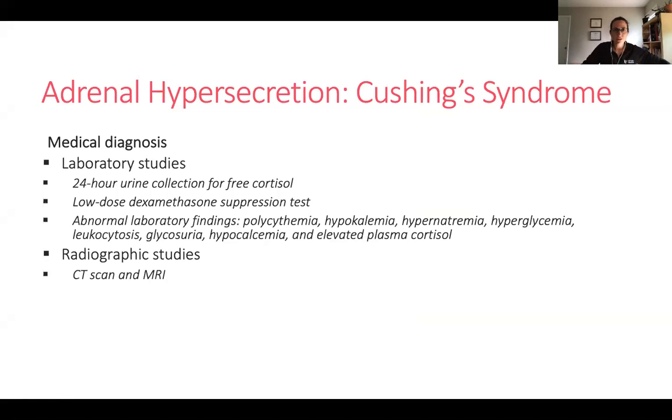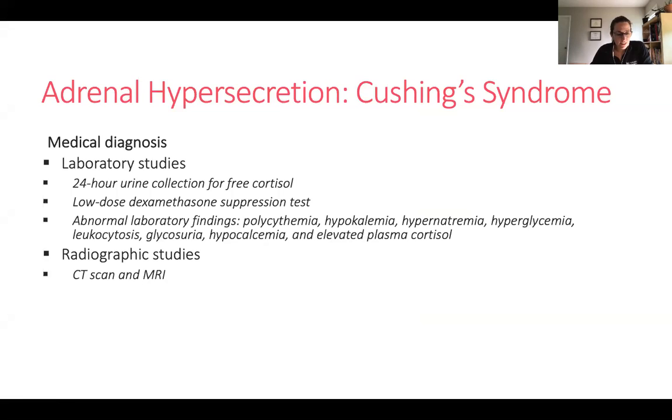So for medical diagnosis, they will do a 24-hour urine collection, and this time they're looking for free cortisol. Then they'll do a low-dose dexamethasone suppression test to suppress the secretion, and if it keeps secreting, then there's an issue there.